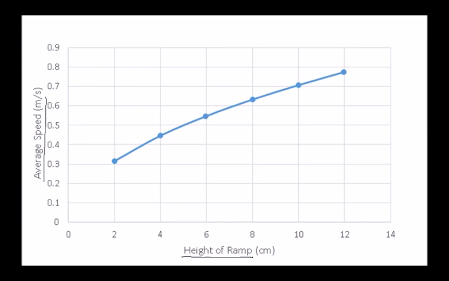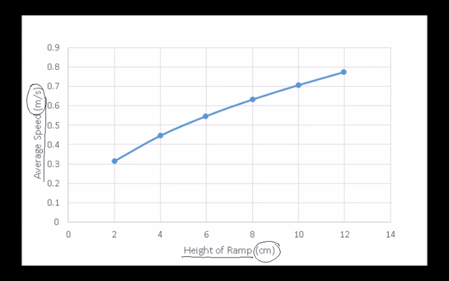You can also see we have our units for each of those labeled. We have a nice scale that's big enough that the graph takes up more than half the page. And when we plot the points, we should look and see it doesn't really look like a straight line. There is a curve to it. So we draw a nice smooth curve through those points.